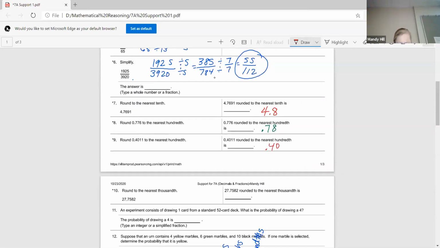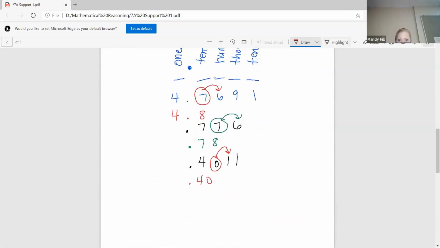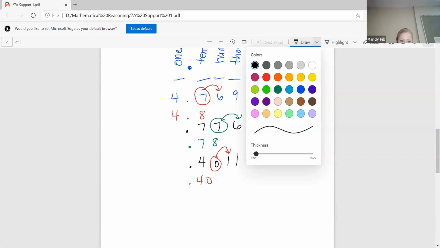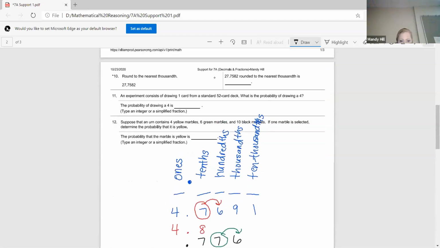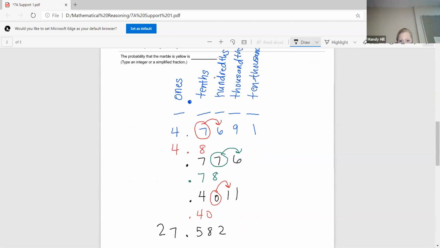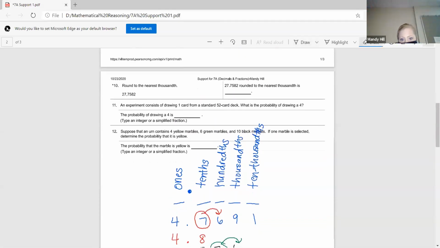Okay, 27.7582. And they wanted this one rounded to the thousandths place.